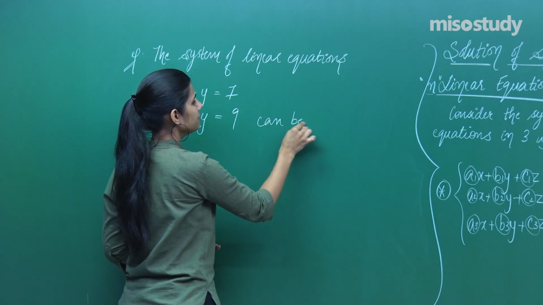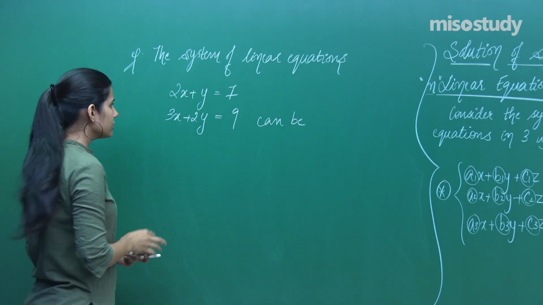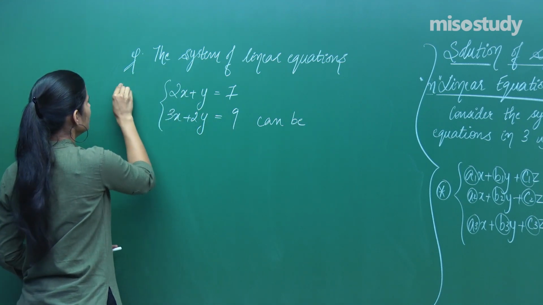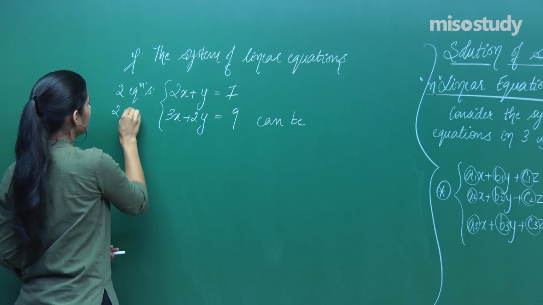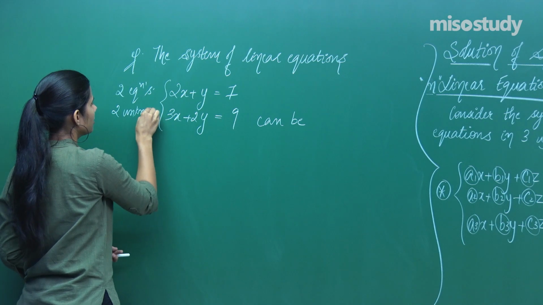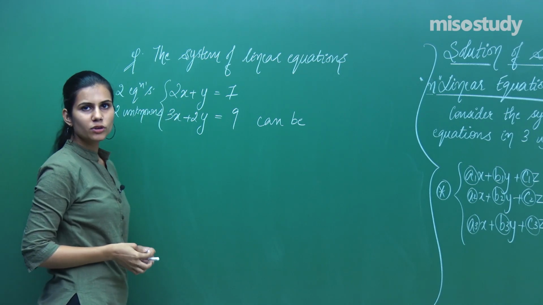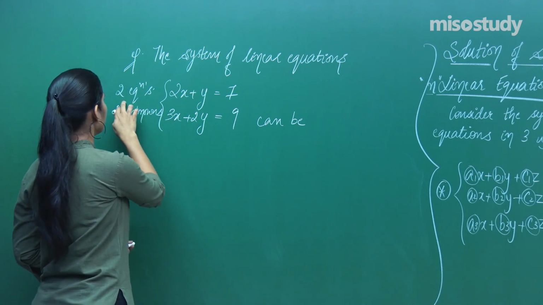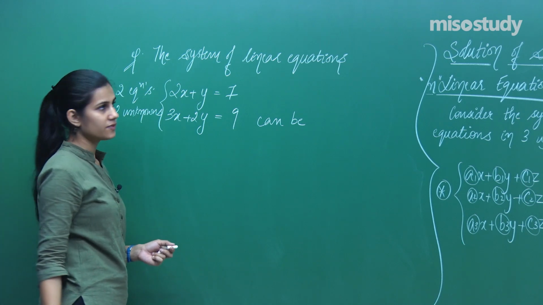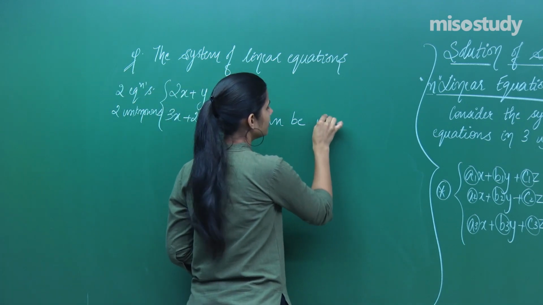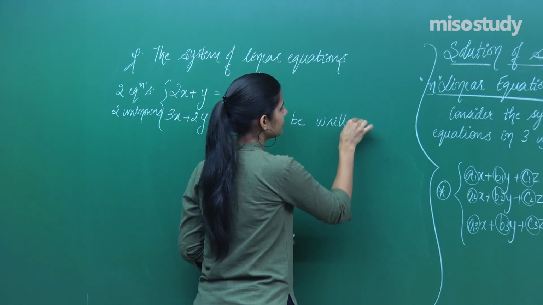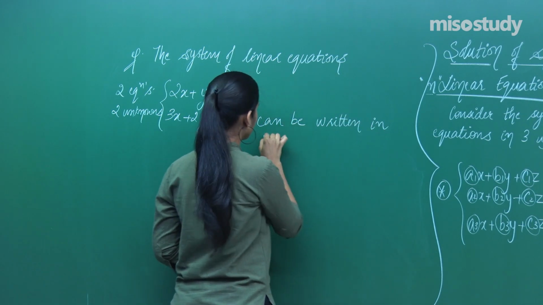This is one system of two equations in two unknowns. So the number of equations is the same as the number of unknowns. Fine. This system of linear equations can be written in matrix form.